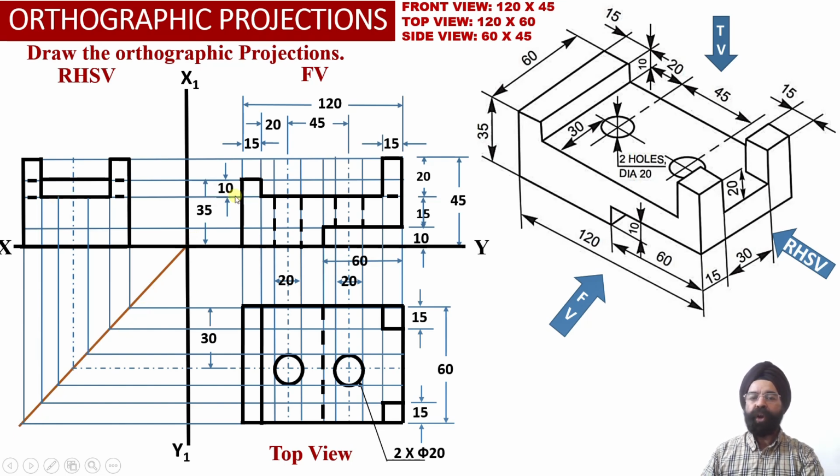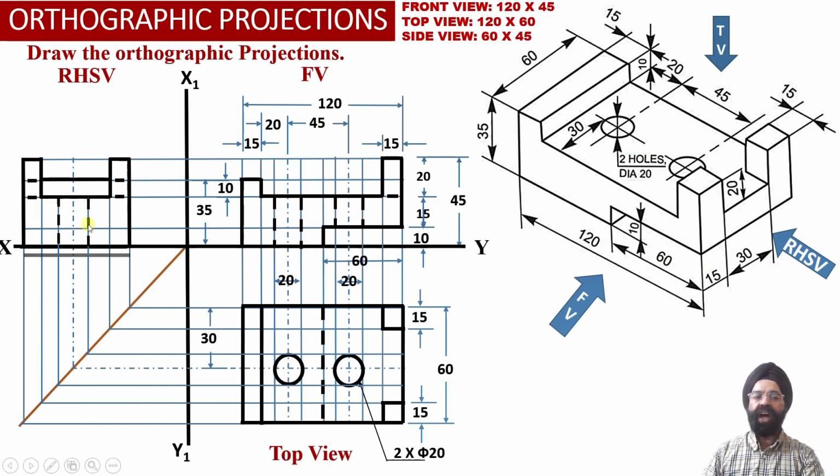So now because this hole is having a height equal to 25 millimeter and this hole is having a height equal to 15 millimeter, both of these holes will be overlapping with each other in the right hand side view projections, and both of them are not visible to the observer. So they will be obtained as dotted line or hidden line projections in the right hand side view projections over here.